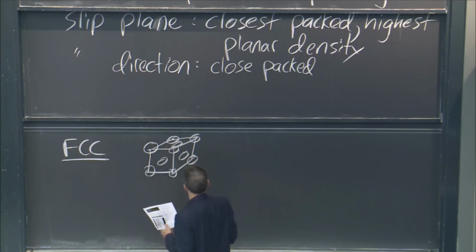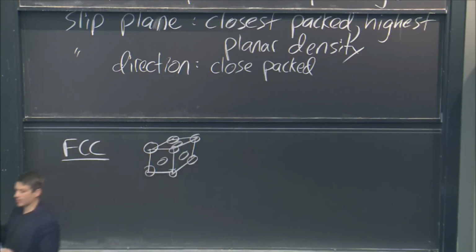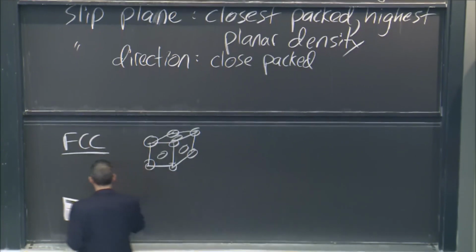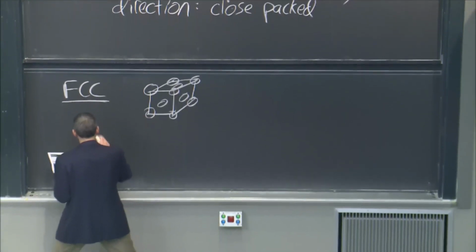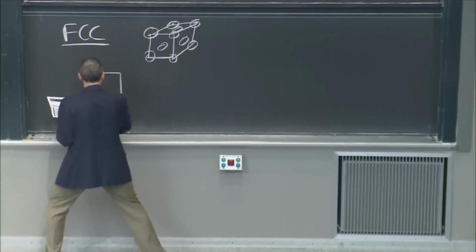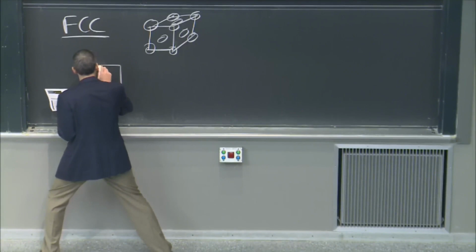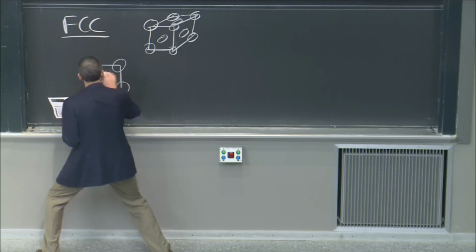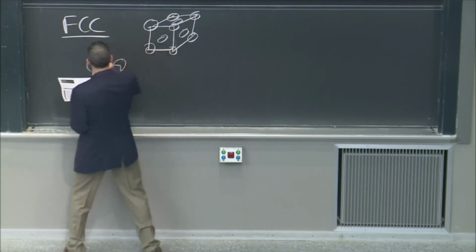That's part of the outer part of the FCC cell, three of the faces. Now if I take a 100 plane, then I've got that. Remember I've got these atoms on the corner. Why did I draw that so much bigger? Let's not do that. That would be the 100 plane.